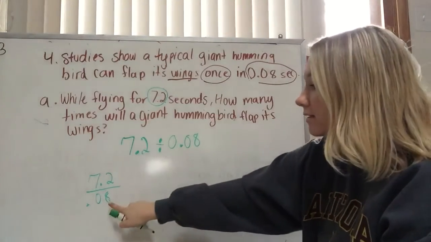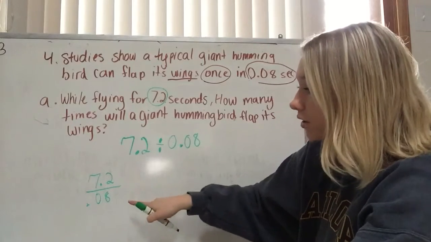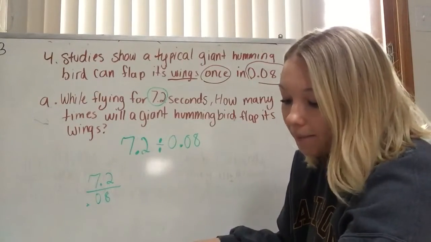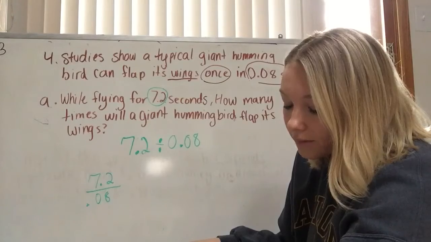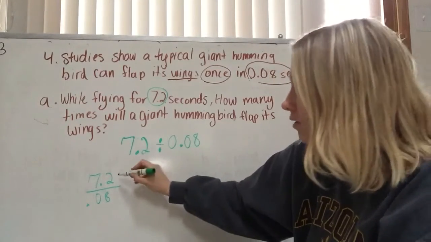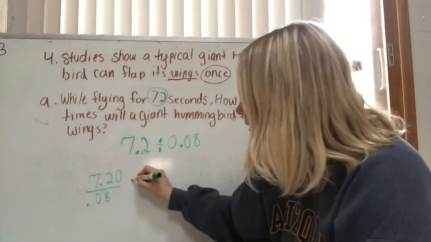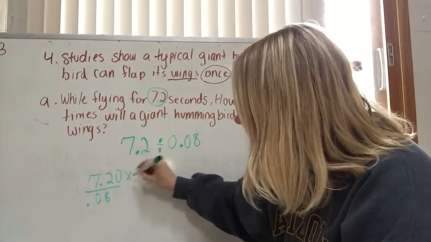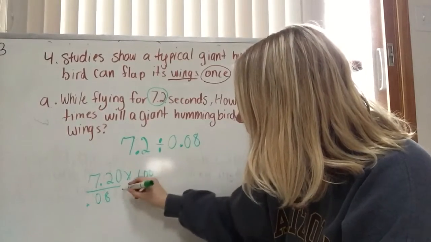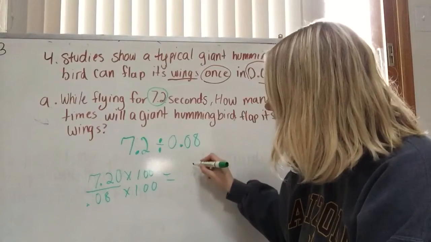At the end, there's something in the hundredths place, and there's something in the tenths place at the top. So I still have to multiply by 100. I'm going to put the 0 at the end to hold that place, and I'm going to multiply the top and the bottom by 100 to get rid of my decimals.